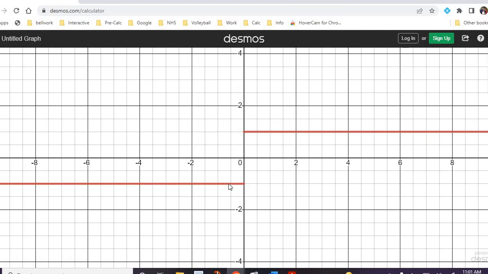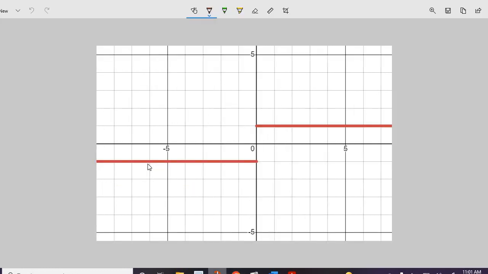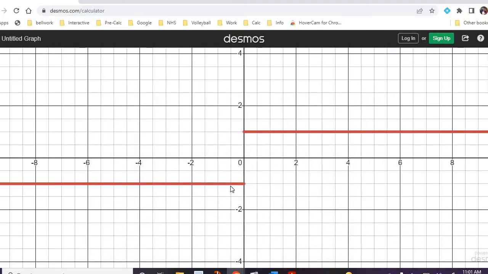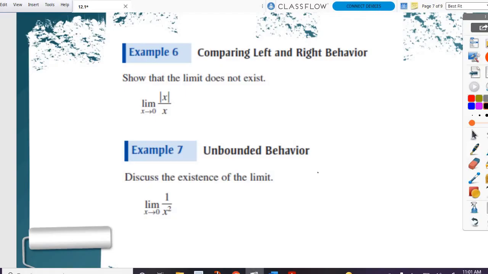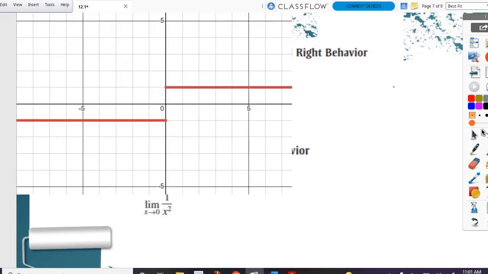Before zero, it's at negative 1. After, it's at 1. But what's happening at 0? Is it approaching anything? From the left side, what is it approaching? Negative 1. From the right side, what is it approaching? Positive 1.